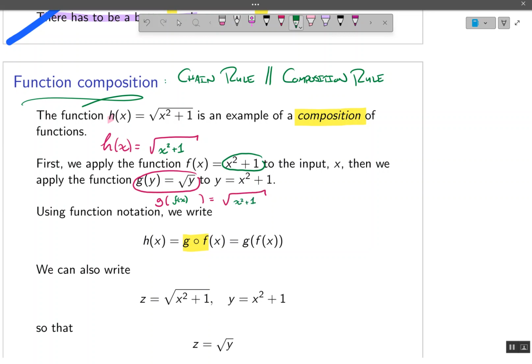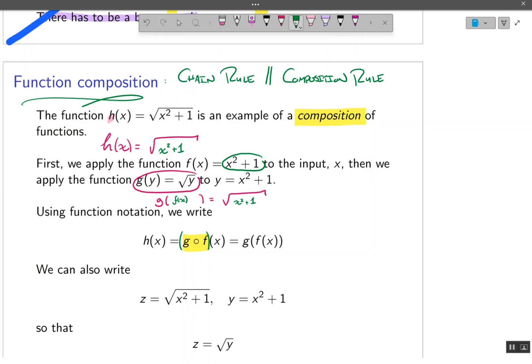This should be a review. You should have gone over the composition of functions in Algebra 2, in pre-calculus. That doesn't necessarily mean you understand it, so please feel free to come in to see me at office hours. But I'll talk very briefly about what is meant by this composition notation.